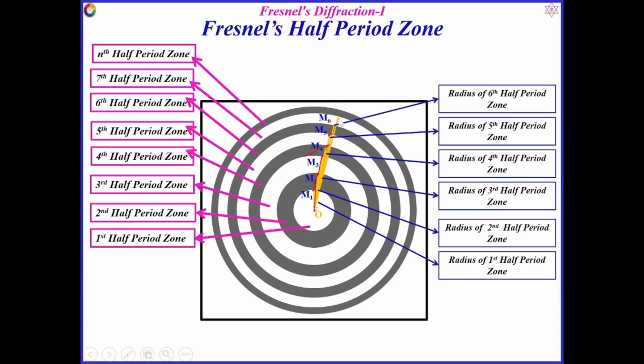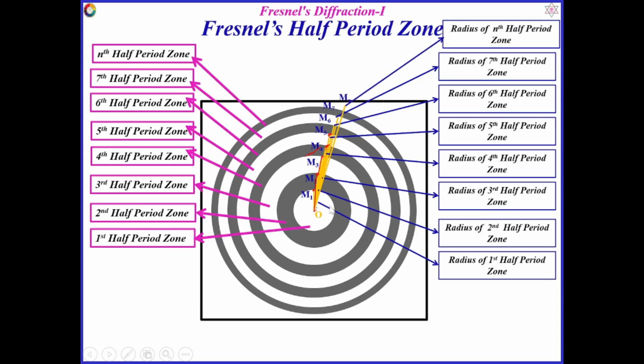Then for the seventh strip, suppose this point is M7, and this distance is the radius of the seventh half period zone. Similarly, if we consider some arbitrary zone, it will be called Mn, the radius of the nth half period zone.